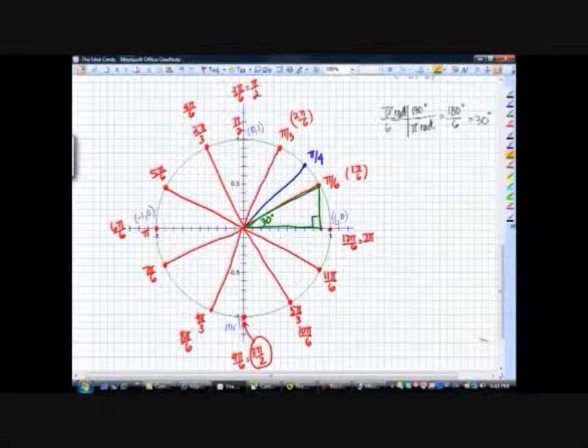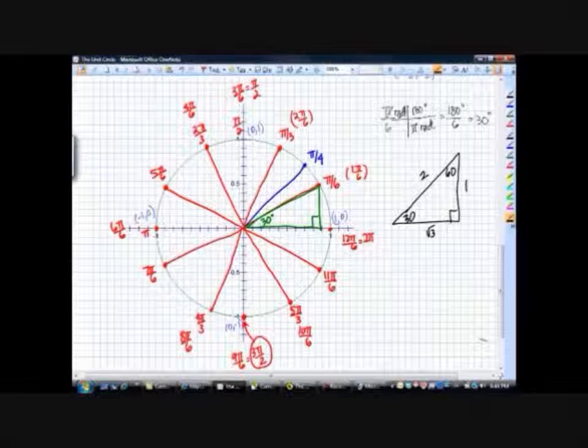And hopefully you remember that there was also a special right triangle called a 30, 60, 90 right triangle. That right triangle was 1, 2, square root of 3. But again, same idea. Do you see that the hypotenuse of our 30-degree angle has to be 1 because the radius of the unit circle is 1?